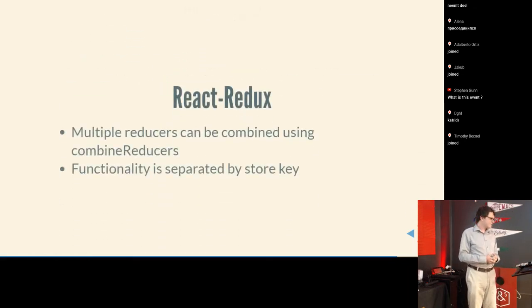In React Redux, most of the time you take your separate reducers and put them in separate files, but then you import them all into one file and give them to the combine reducers function in a map, which then defines the shape of your state. The functionality of each of these reducers is separated by the key of the store which it's given to combine reducers in.